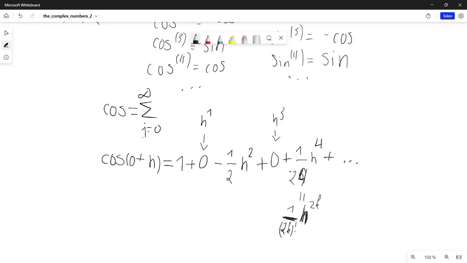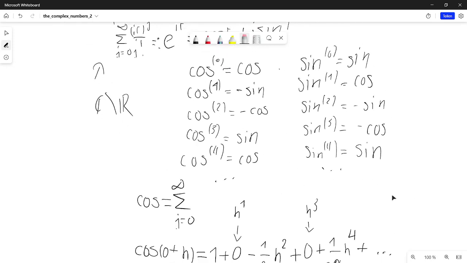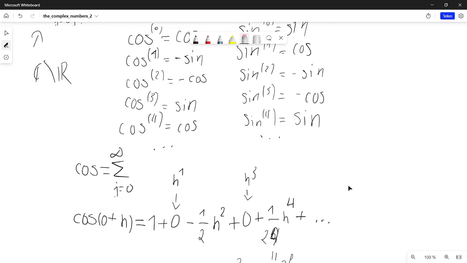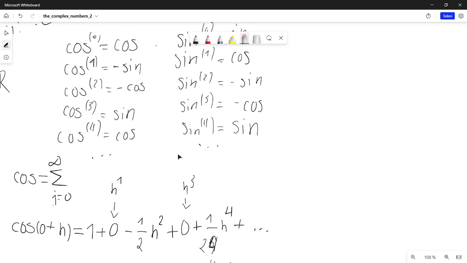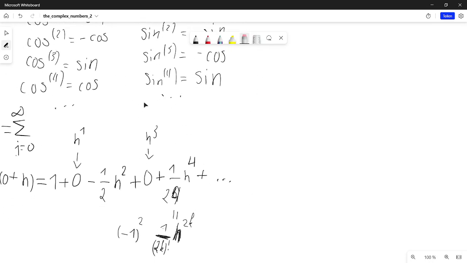So you might think that we would have to put minus 1. But that would also not work, because that would be 2, right? And here again, you see h to the 4, and here it goes again with minus sine. So by 5 it's nothing, but by 6 it is actually minus 1.